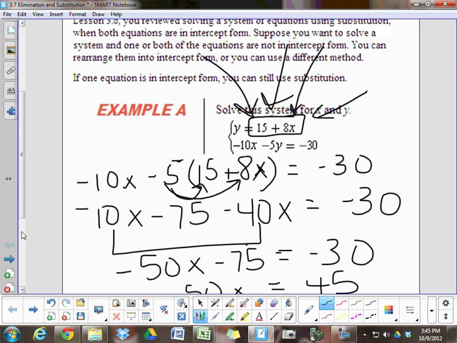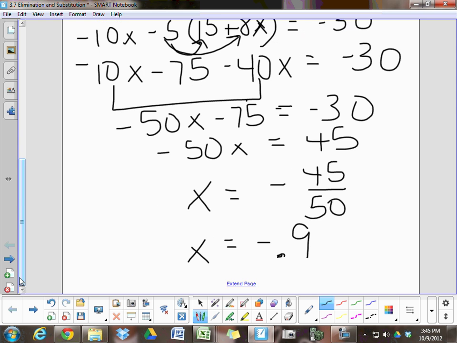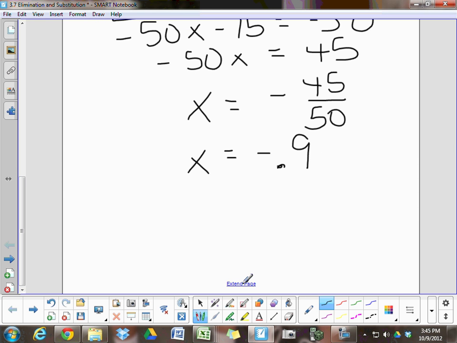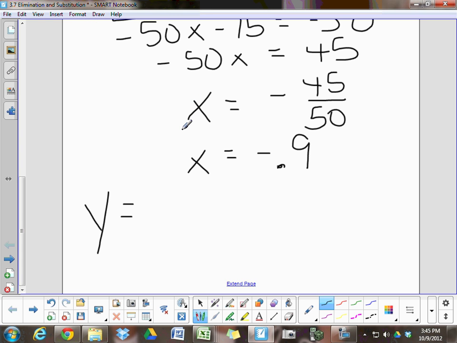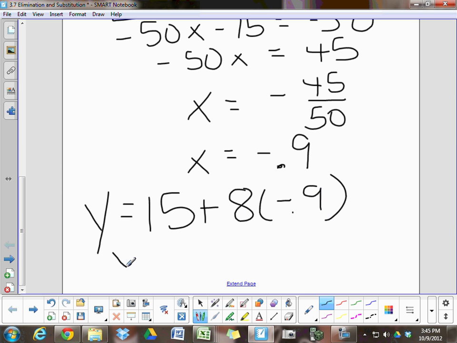So y would equal 15 plus 8x. Instead of 15 plus 8x, it's going to be 15 plus 8 times negative 0.9. So y would equal 15 minus 7.2.